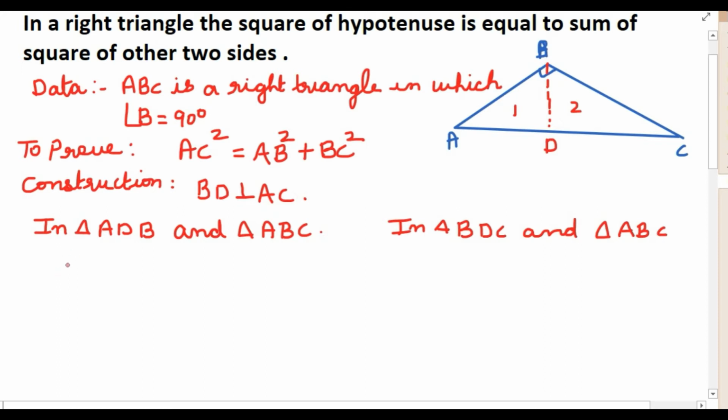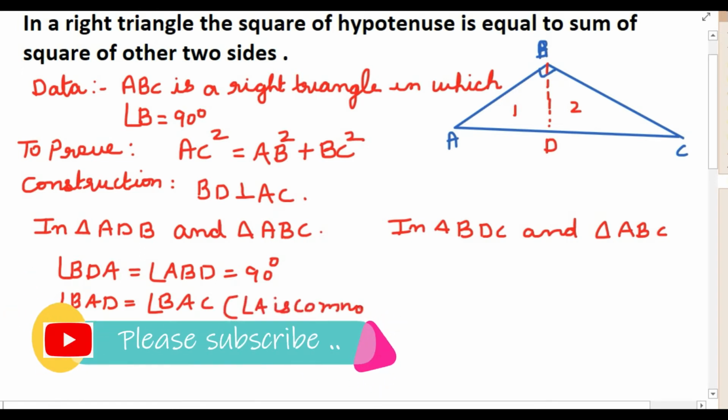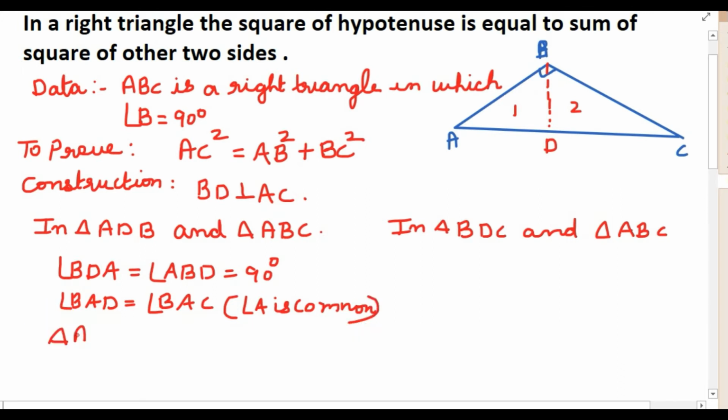In the first small triangle, angle BDA as well as angle ABD both are 90 degree. Again, in these two triangles, I have angle A as common. So angle BAD is equal to angle BAC. Angle A is common in both the triangles. So by AA similarity criteria, I can write that these two triangles are similar.